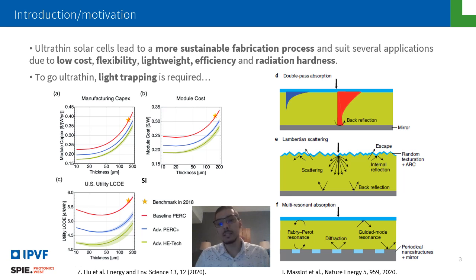The second approach is Lambertian scattering, in which one of the surfaces is textured, allowing for random, lateral scattering of light inside the materials, and subsequent confinement by total internal reflection. The third approach is also based on lateral scattering, but by a periodic patterning of a layer that can be in the front side, in the back side, or in both.